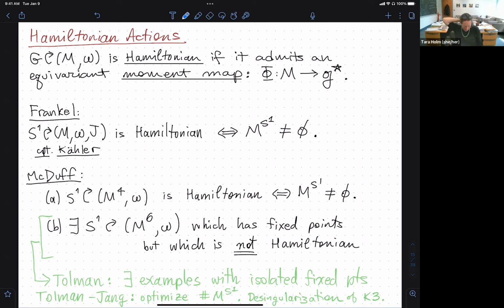I think first they got it down to 16 or 32 fixed points, a power of 2; I can't remember which. They did that by a very hands-on construction. They take a K3 surface and desingularize it and provide a circle action that is very explicit. But then they have further examples where they can get rid of more fixed points, and I think they have an example which only has 2 fixed points.